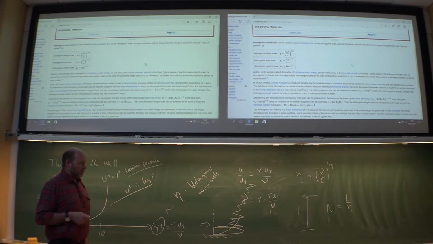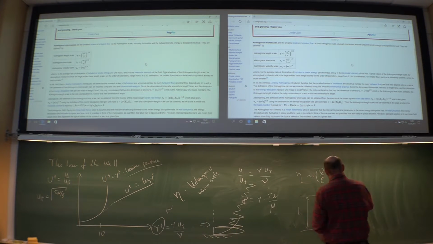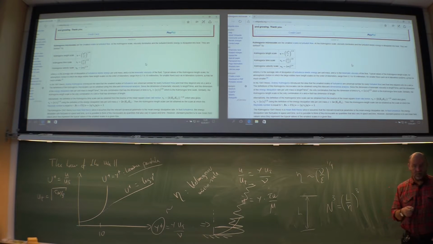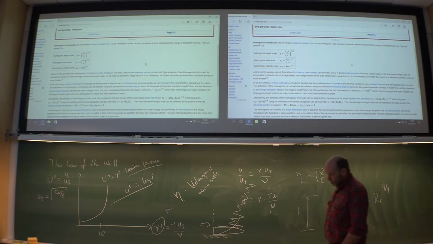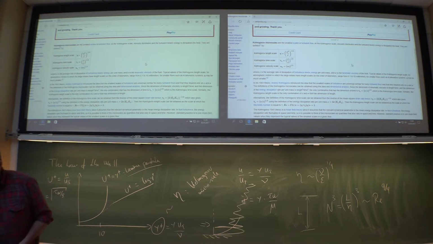So even if you like it or not, you're going to need this in 3 dimensions. And it can be shown then that this will be roughly the same as your Reynolds number to the power of 9/4. And there is the price we have to pay if we want to do a DNS.